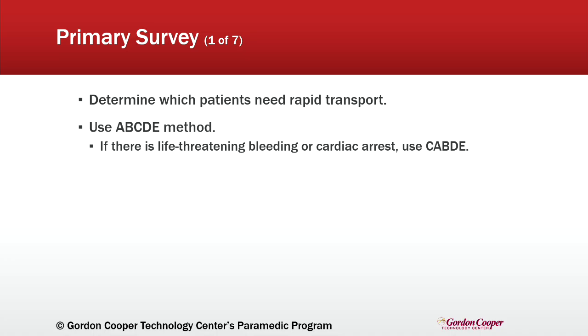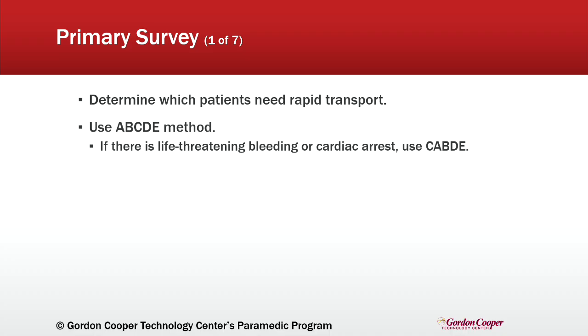So we're going to use that ABCDE method as we're doing our primary survey as well. If there's any life-threatening bleeding or cardiac arrest, we're going to use the CABDE. We're going to start with circulation. So if we see any obvious bleeding, or the patient's in cardiac arrest and they're viable, we're going to start with dealing with circulation, and then we'll move on to airway, breathing, and all those kinds of things.